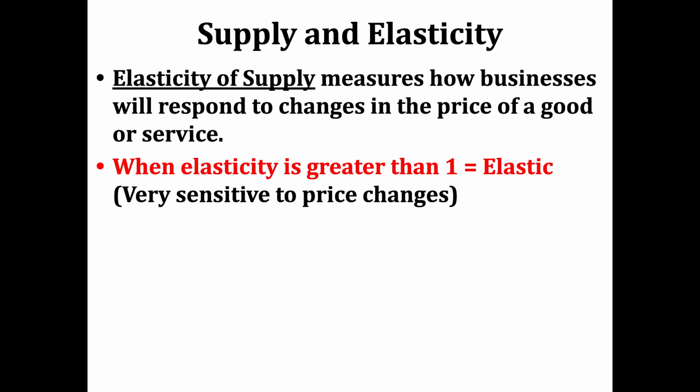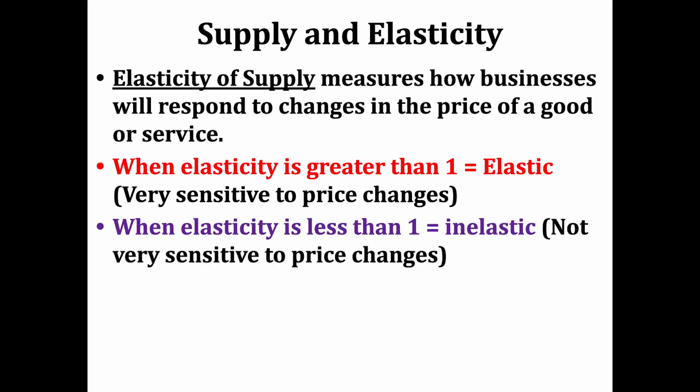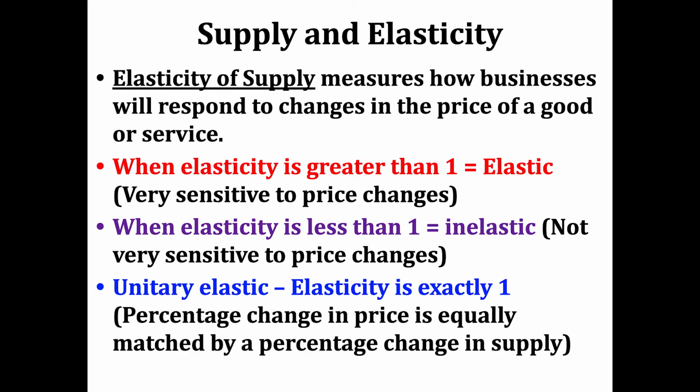That means it's very sensitive to price changes. When elasticity is less than 1, that is inelastic, meaning it is not very sensitive to price changes. And then finally, there's a third type of elasticity, and that is unitary elastic.